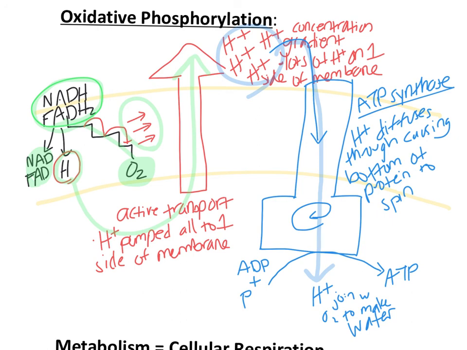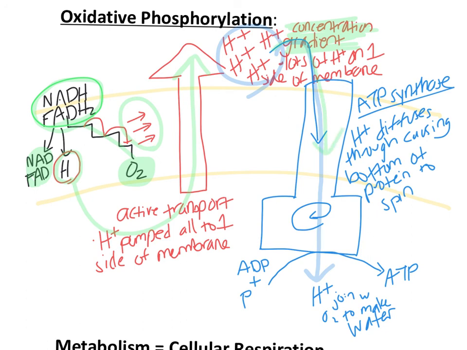When all of the hydrogen is accumulated to one side of the membrane, we call that a concentration gradient. Those hydrogen ions of similar charges do not want to all be crowded together on one side of the membrane. So they will spread out and diffuse through a protein called ATP synthase.